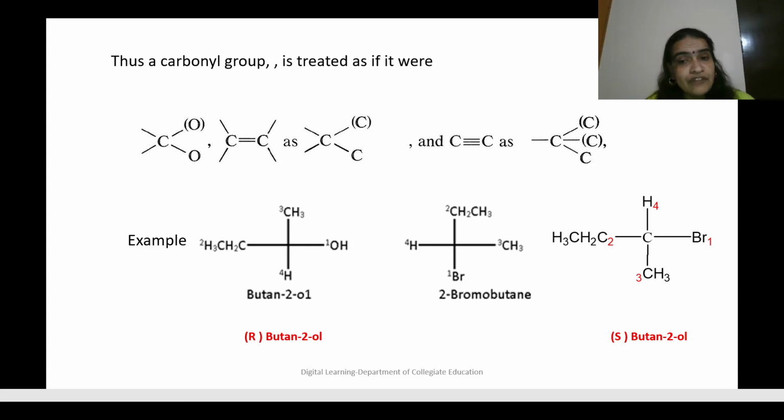Similarly, in the case of C triple bond C, it is considered as C single bond C, single bond C, single bond C, 3 bonds bonded to the carbon atom itself.